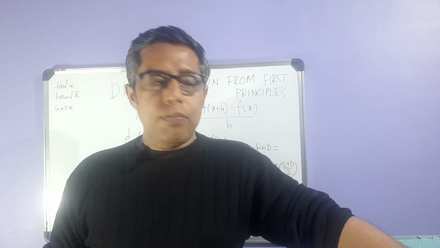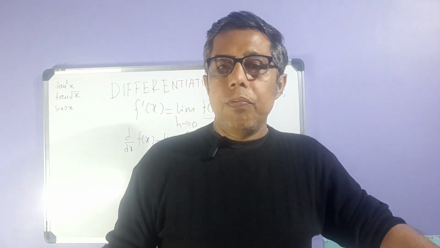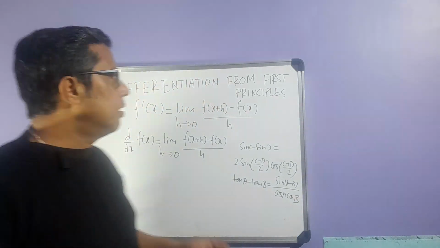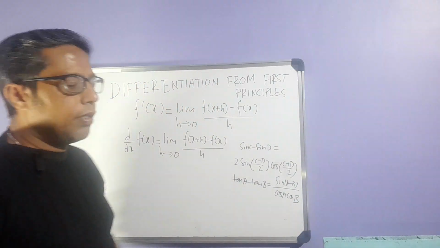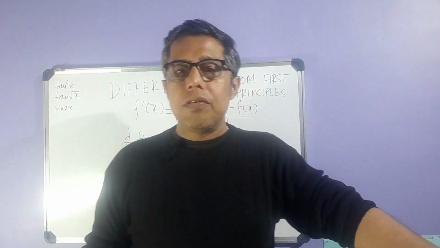So these two, and apart from that, today I'll be showing you a very interesting topic, that is differentiation from the first principle. For differentiation, we have formulas we are using, right?